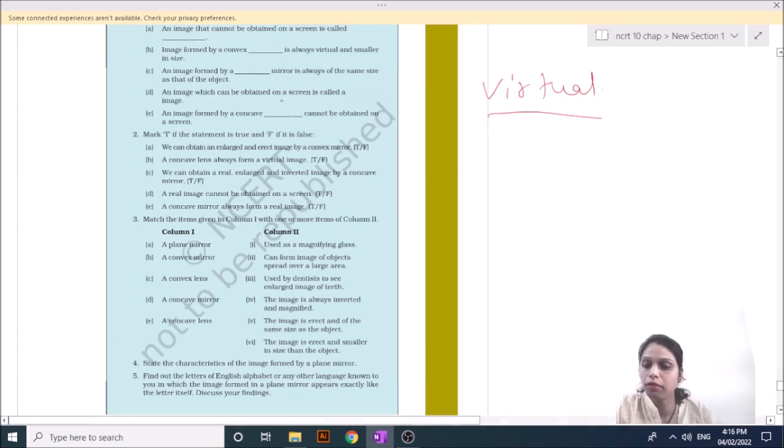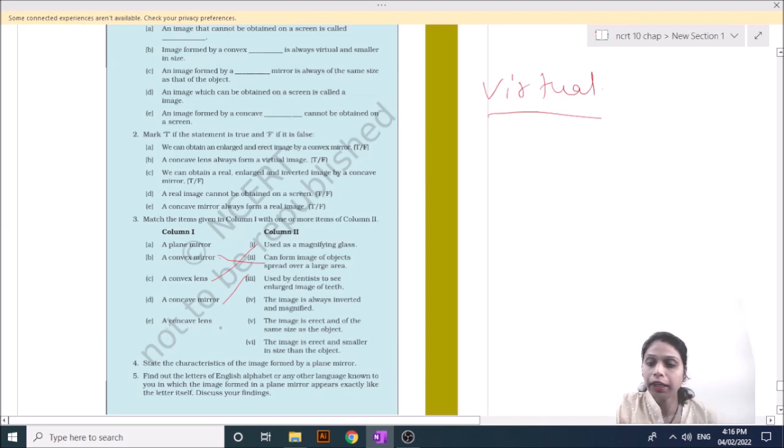Now the matching question. Plane mirror. Used as a magnifying glass: convex lens. Can form an image of an object spread over a large area: convex mirror. Used by a dentist: concave mirror.